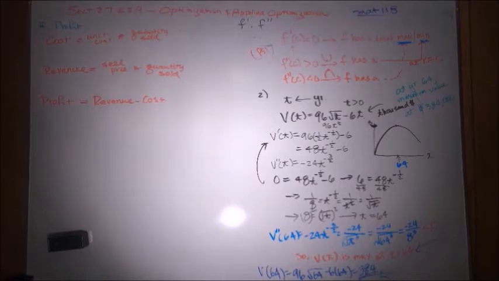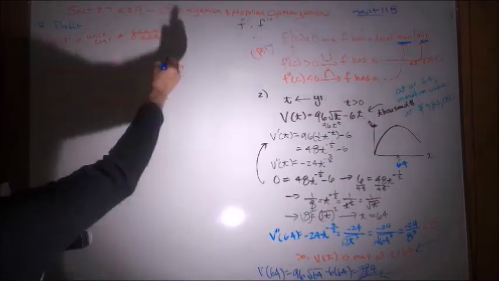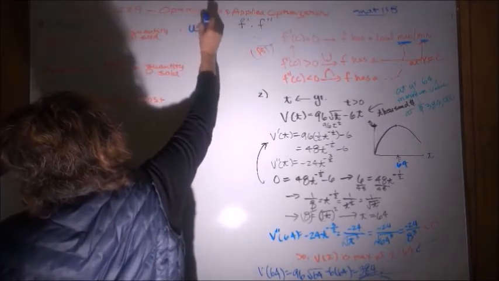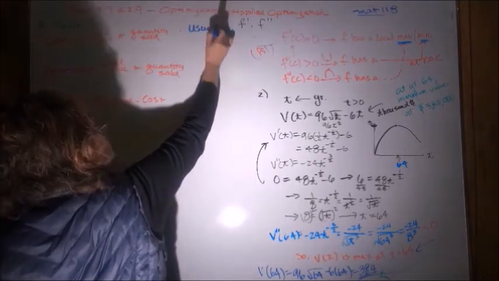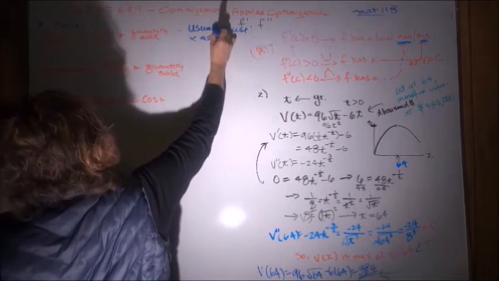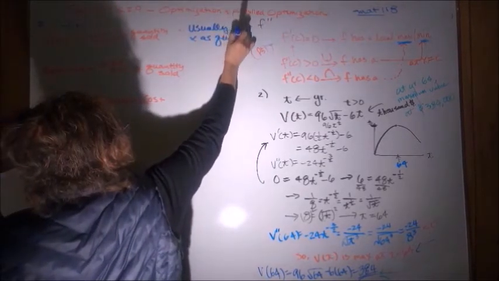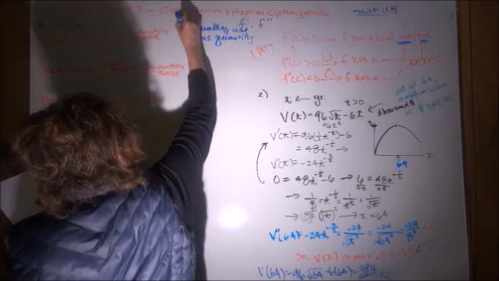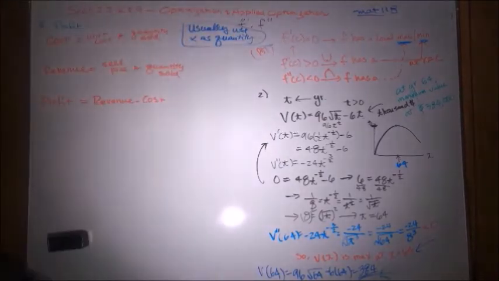And let's just do that. We usually use X as quantity. So we solve for X, then we find out how many units are being sold.